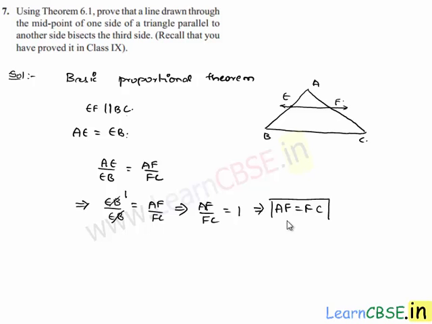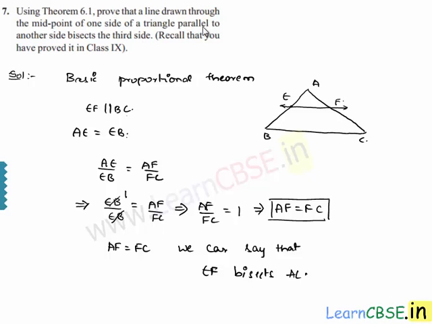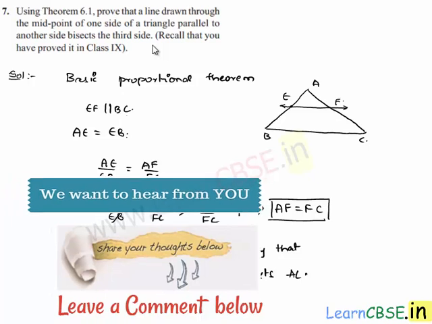As AF is equal to FC, we can say that EF bisects side AC. So a line drawn through the midpoint of one side of a triangle parallel to another side bisects the third side is proved.